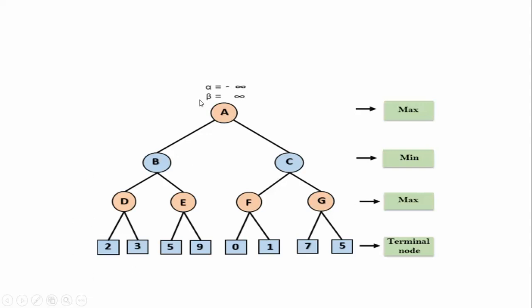Now at node A, the alpha value is minus infinity and the beta value is infinity. The child of A is B, the left child. In depth first search we complete the left part first, and only then move to the right path. If A is the parent and B is the child node, what is our condition?